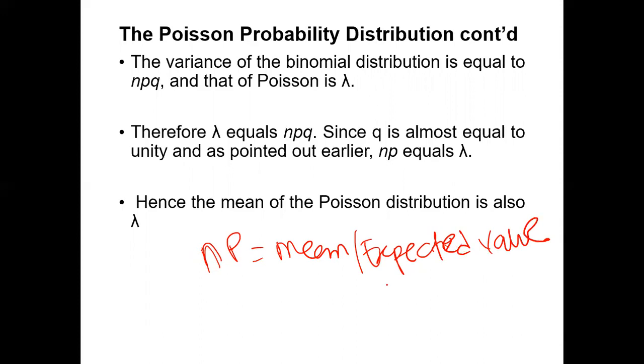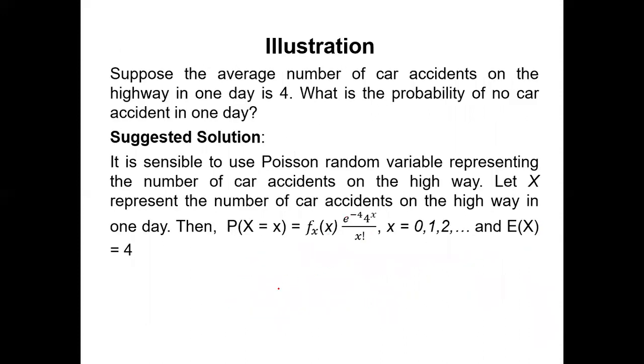Sometimes they may give you the number of trials and the probability of success. Then when you multiply these, you get the expected value or the lambda. So n times p is simply the lambda, or the mean.